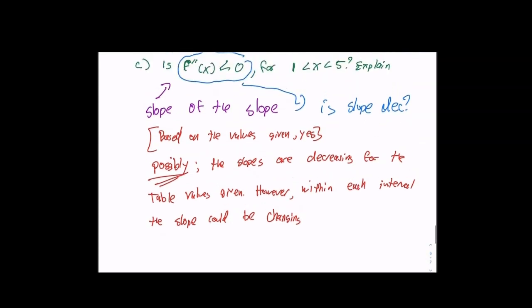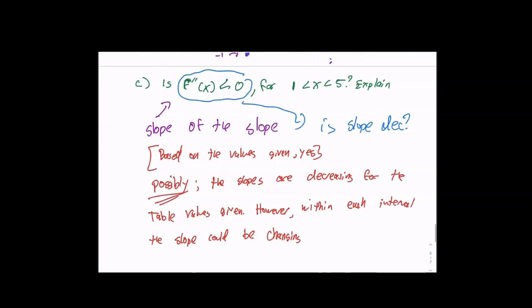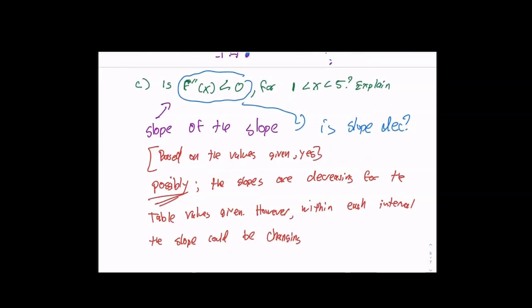So if this problem stated, if problem C, could this be true, then the answer would be, give me a response. If the question was worded as, could this be true, then we would say yes.